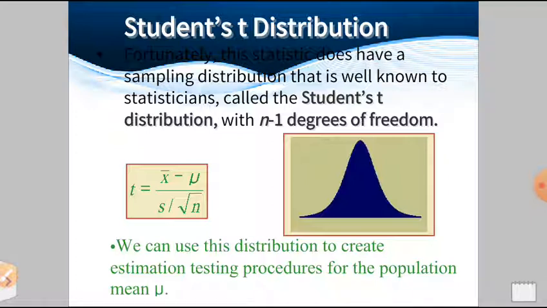The important characteristic of the Student's t-distribution is the degree of freedom.